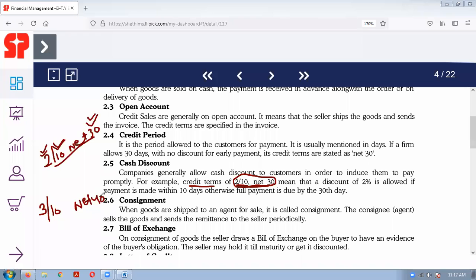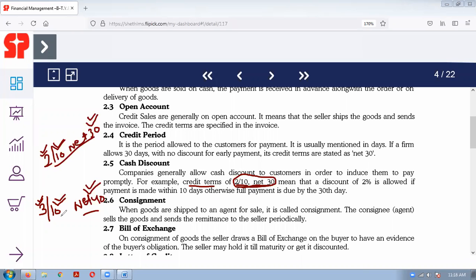What is the normal credit period given by the company? 3 by 10 net 40 means the credit period normally given by the company is 40 days. But they are saying that if the customer pays the amount within 10 days, we will give him 3% discount.